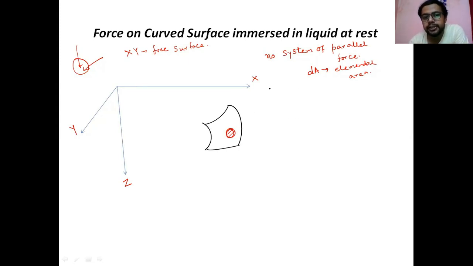So at the depth of Z, let us take small z. The elemental area from the XY surface, that is the Z depth. Z is the depth of the elemental area from the free surface.